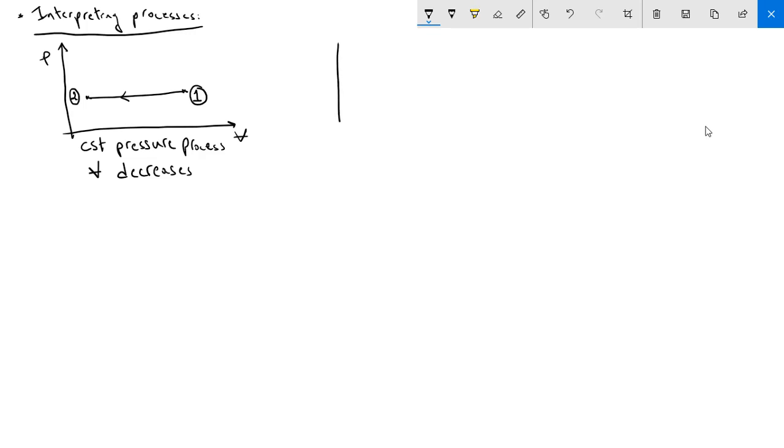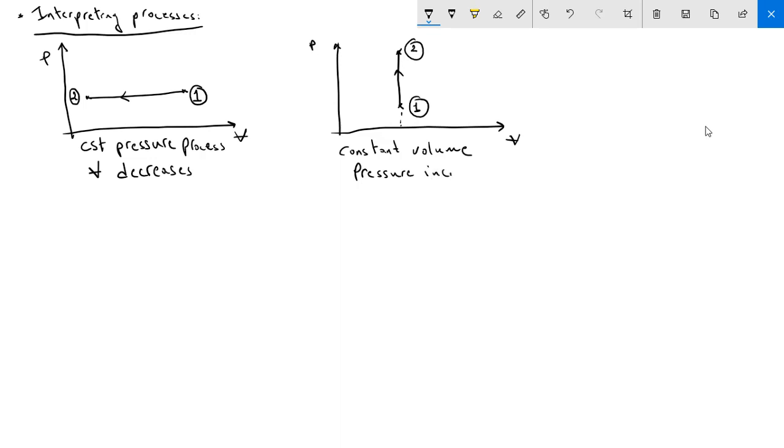Another process on a PV diagram, pressure volume diagram, let's say the process is like this, a vertical process. So this is a constant volume process, where the pressure P increases.